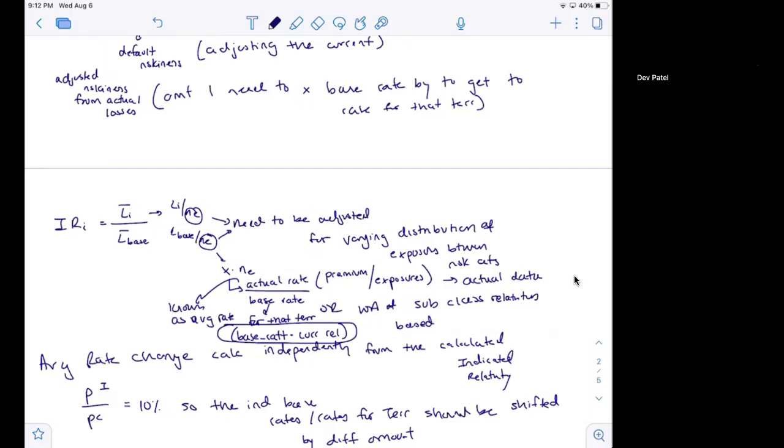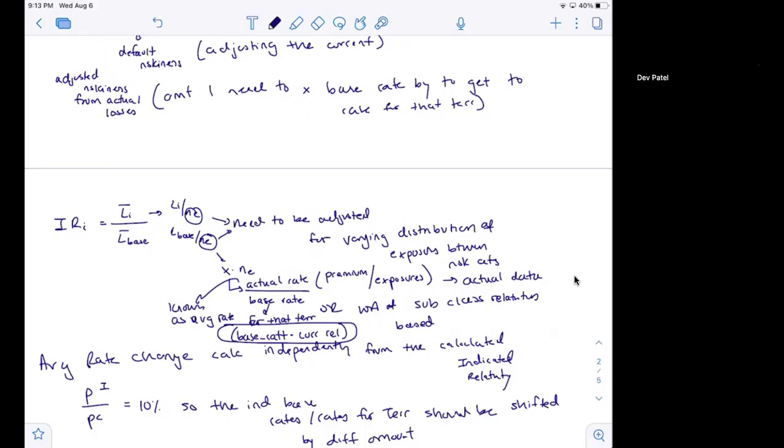And how do we adjust the number of exposures? Well, it's the actual rate, so the premium over the exposures over the base rate. The base rate is for the base class, but for the other ones, it's a different rate depending on the current relativity. The actual rate is also referred to as the average rate.